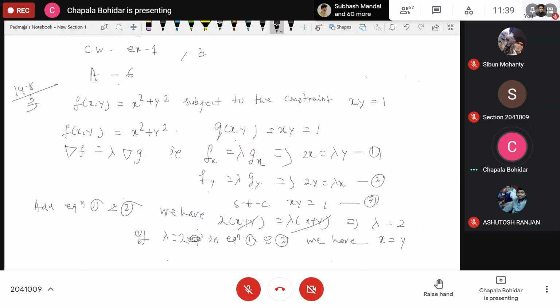Is it not? We have x is equal to y. Clear? Put here lambda is equal to 2. We get x is equal to y. Here we put x is equal to y. All of it clear? It is clear or not? I'm asking you.